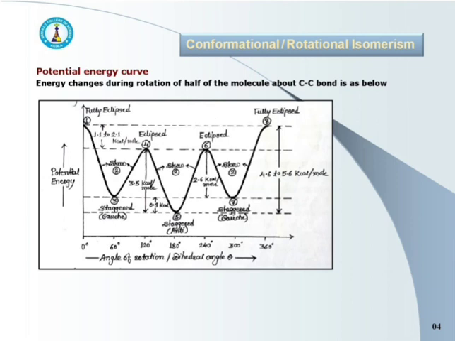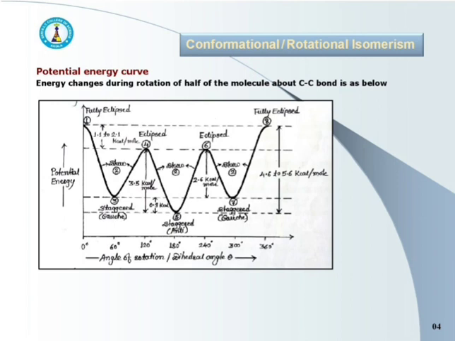See the curve, that is the potential energy curve. This energy difference between fully eclipsed and anti-conformation of n-butane is about 4.6 to 5.6 kilocalorie per mole, and this energy difference is easily overcome by the kinetic energy of these conformations.